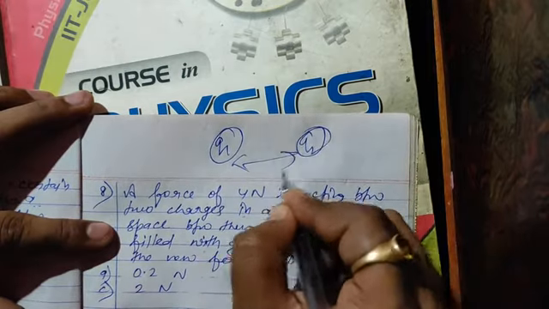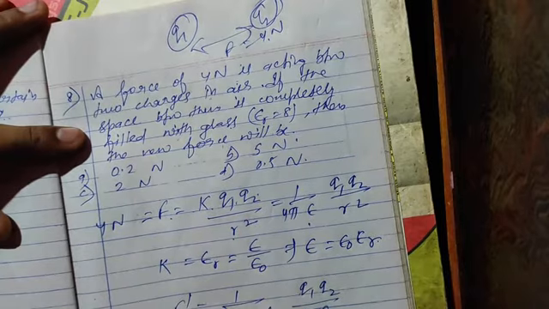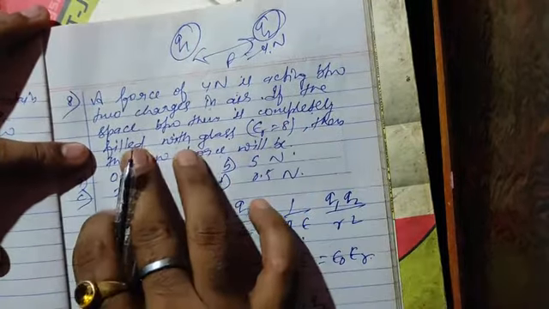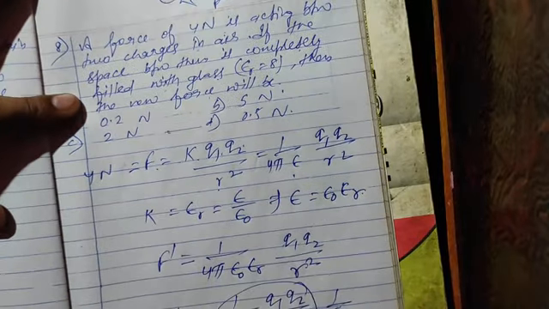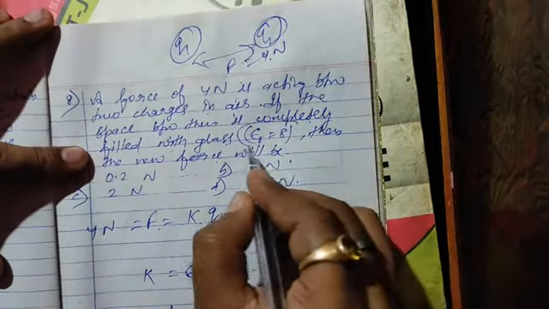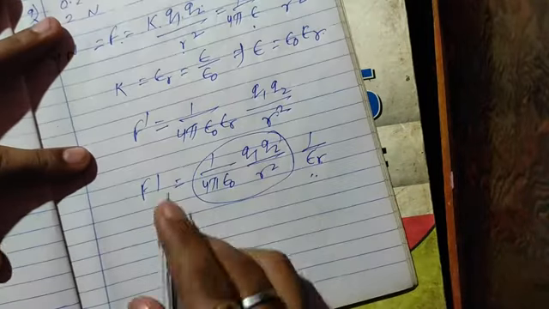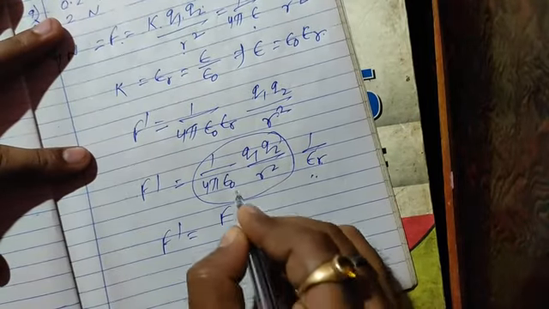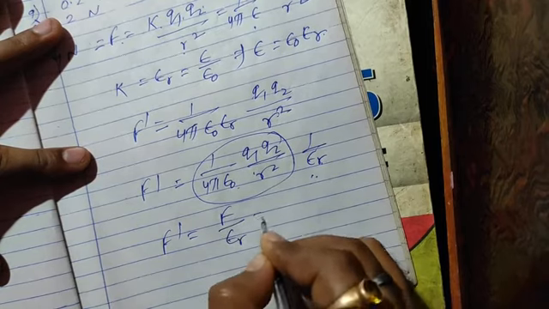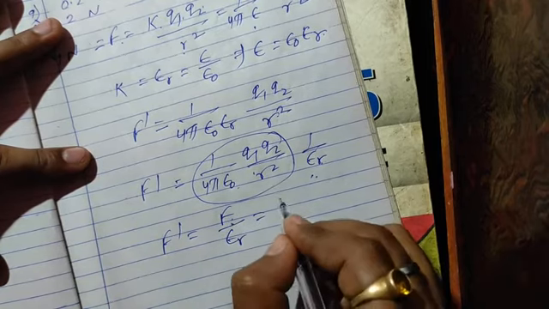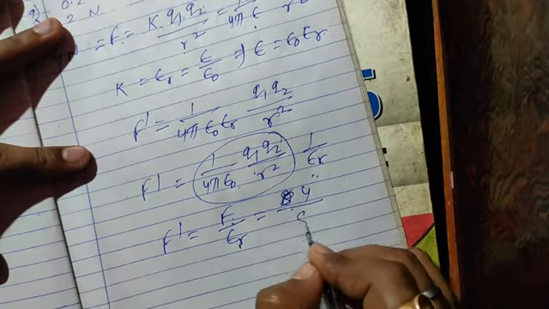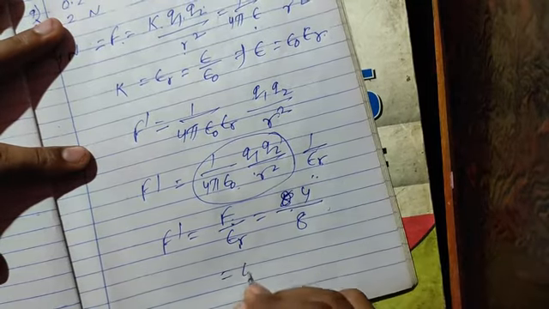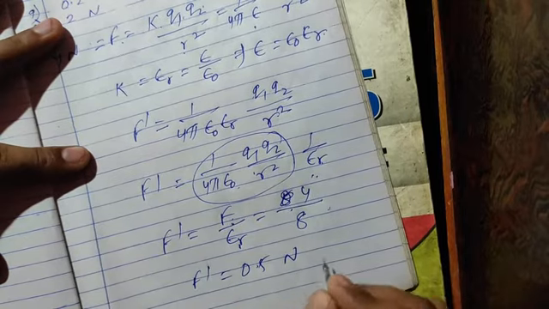When the medium is filled with glass, epsilon r equals 8. Now the new force equals the initial value divided by epsilon r, which is 4 Newton divided by 8. On calculating we get 0.5 Newton. So the new force will be 0.5 Newton.